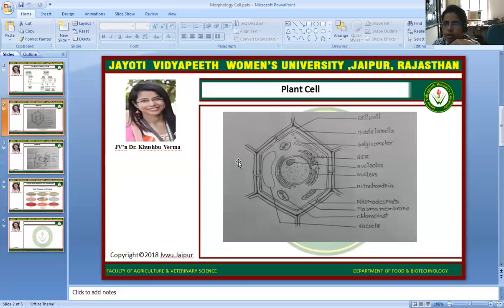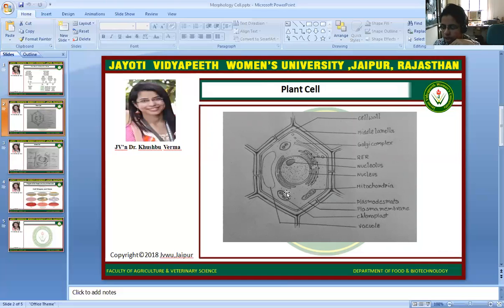Plant cells have a proper nucleus with two types of endoplasmic reticulum, RER (rough endoplasmic reticulum) and SER. They also have a nucleolus, Golgi complex, plasmodesmata, which are the gap junctions between two plant cells, and chloroplast, which is the essential part of the plant cell.